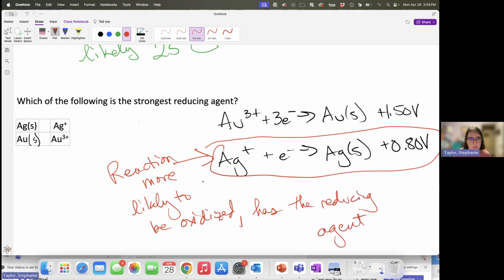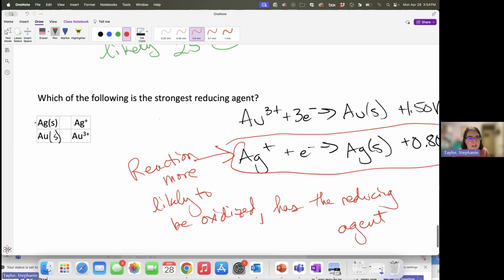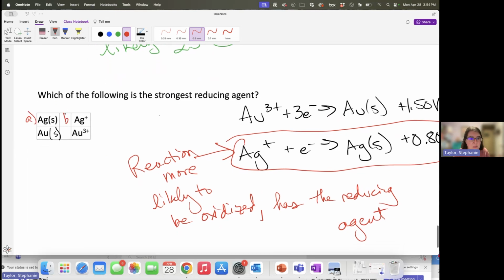But what you might notice over here is if this is like A, B, C, D, I can't pick both the silver solid and the silver plus as a reducing agent. I have to pick between those two things.